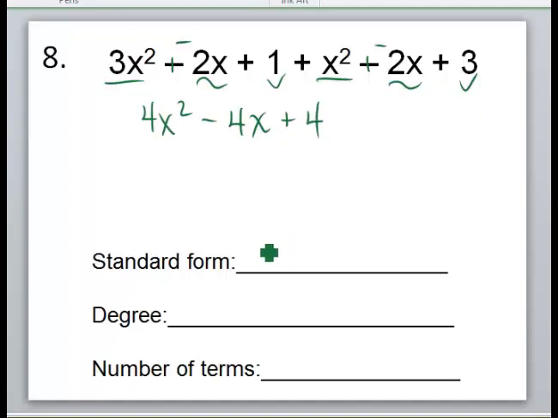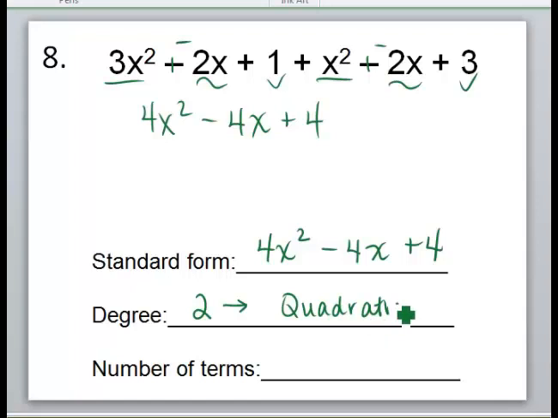I went ahead and already wrote that in standard form. I went with the highest degree of the x squared, and then worked my way down. Again, the degree is 2. It's the highest exponent. So this is considered a quadratic. And the number of terms it has, again, it has 3 terms. So we're stuck with the name trinomial.